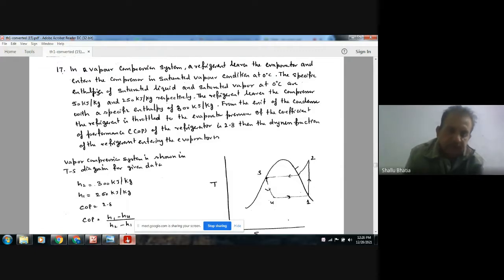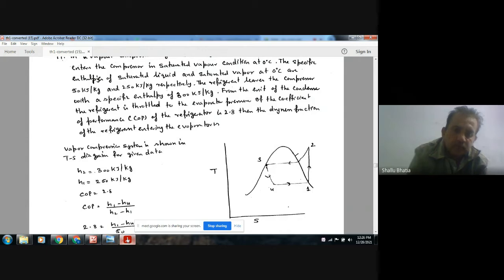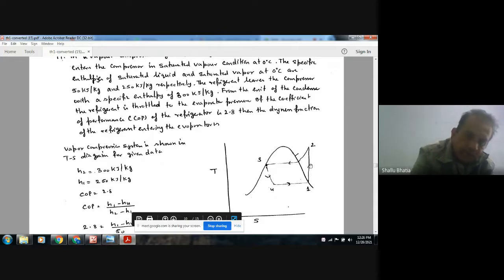entering the evaporator is... So here, 1-2 is your compressor, 2-3 is your condenser, 3-4 is throttling and 4-1 is evaporator.